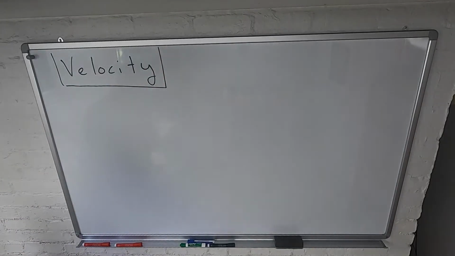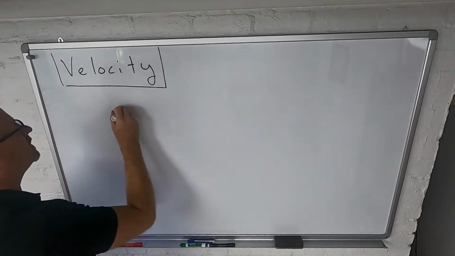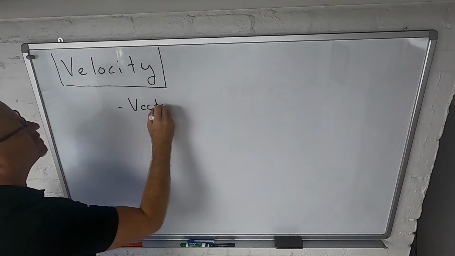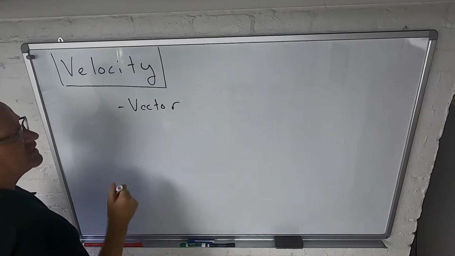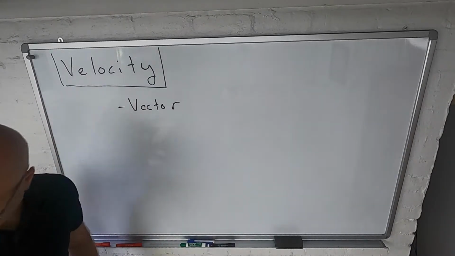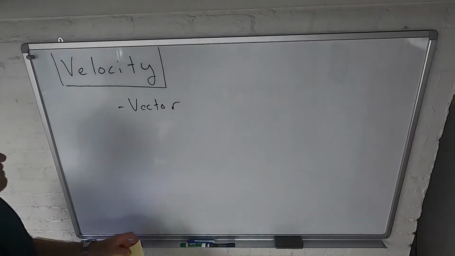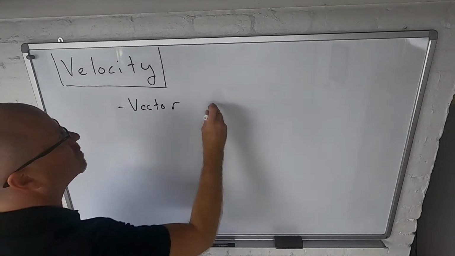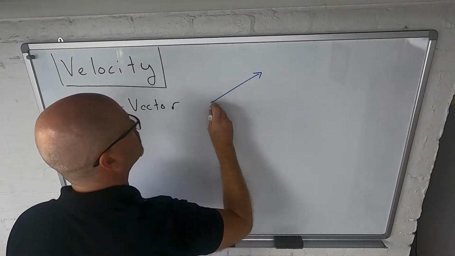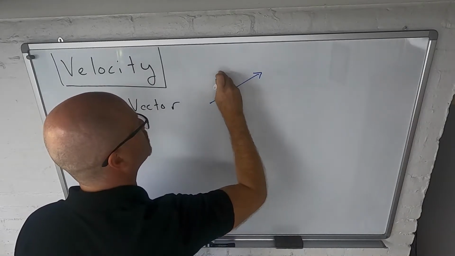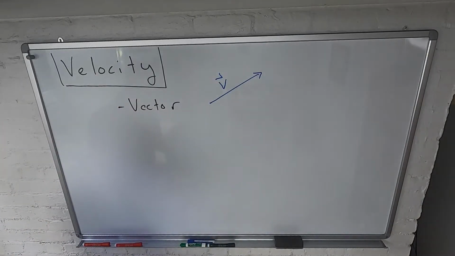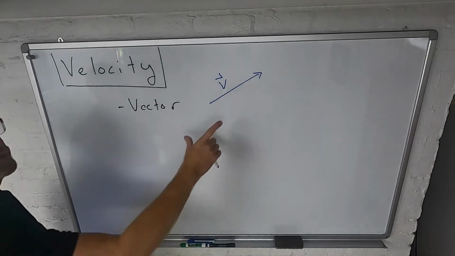Well, it's a vector. So let's write down some things. Vector. So a velocity is a vector. So I can draw a vector and call that a velocity. Here's a velocity vector. There's my velocity vector.